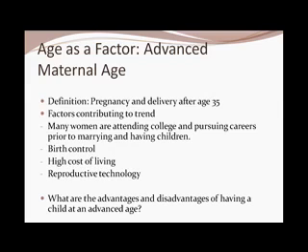The high cost of living prevents some people who are financially prudent from having children earlier. And in addition, improvements and increases in reproductive technology allow couples to have children who maybe in the past wouldn't have been able to have children at all. So there are some advantages associated with this and some disadvantages associated with having a child at an advanced age. We'll be discussing these in the slides to come.